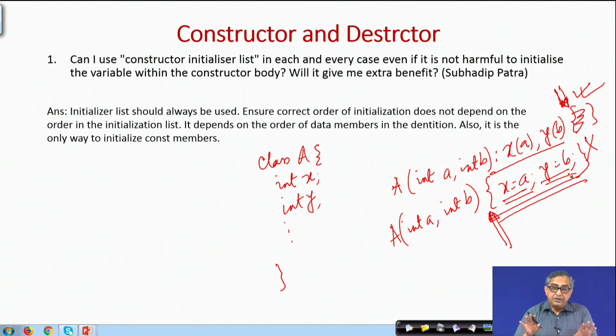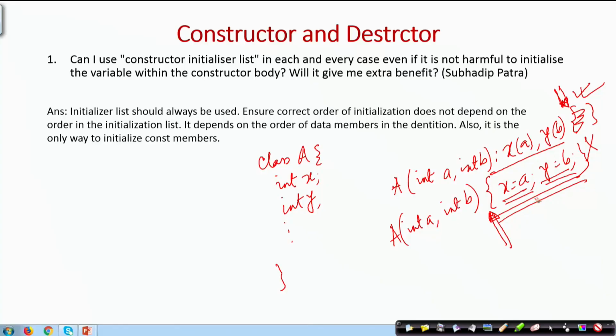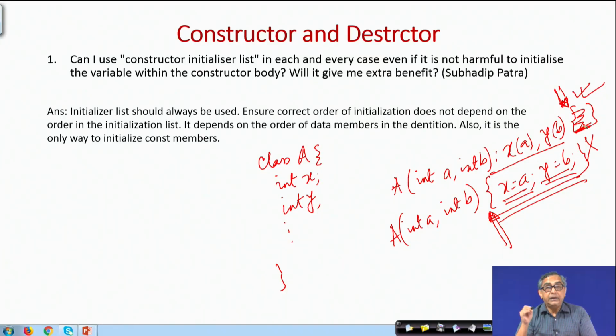So, this is the basic difference in the mechanism. Now, the question is, are there reasons other than this principle, that it is always required to initialize the object before you start using it, which you could otherwise start doing as soon as you are within the body of the constructor? Are there fundamental reasons? There are a couple of fundamental reasons also. For example, let us consider that this particular variable int i is const int i.